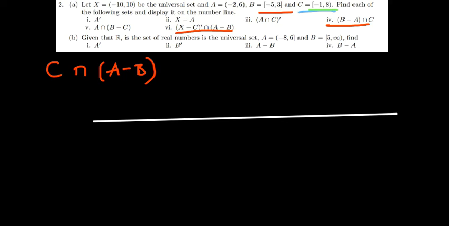So remember your A is from -2 all the way up to like 6. And then the other guy is like all the way from like -5 all the way up to like 3. That is for set B. So we've got to take a line there.